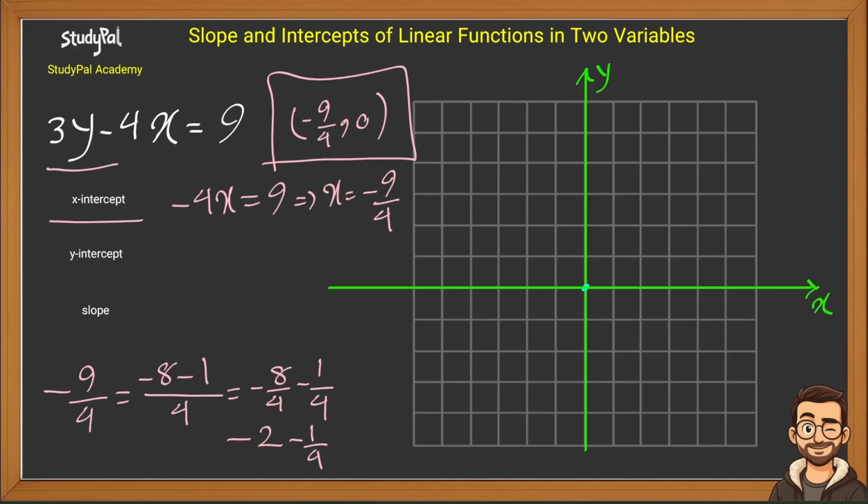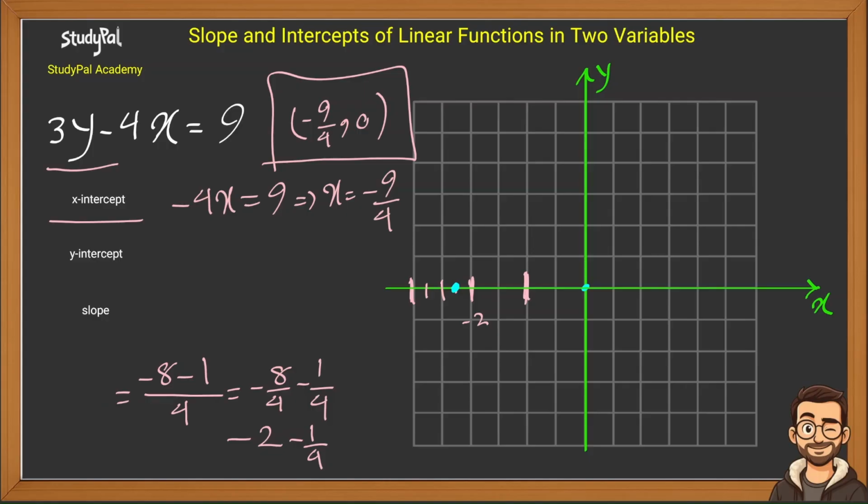This time, let's imagine that this is the unit. So now, minus 1, minus 2 is here, and for minus 1 over 4, we need to divide 1 by 4. It is 2 parts, and now we have 4 parts. See, 1, 2, 3, and 4 parts. We divided our unit by 4. It is 1 over 4. And the y coordinate is 0, so this is our first point.